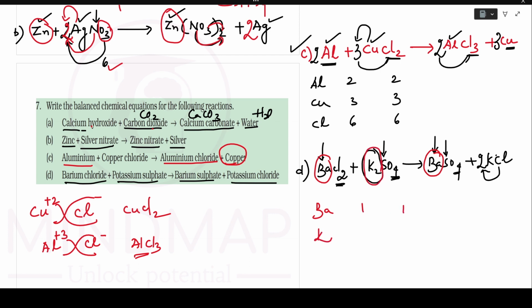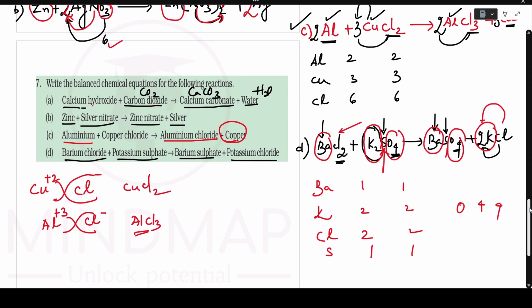Potassium is 2 here, here also 2. Chlorine here is 2, and here also chlorine is 2. Chlorine is also balanced. Next, sulfur is 1 and 1. Next, oxygen here is 4 and here also 4.